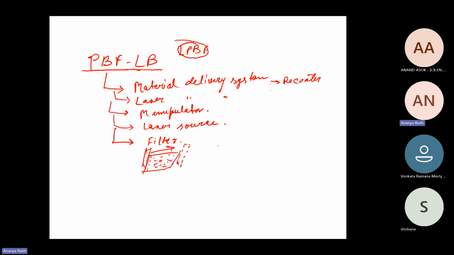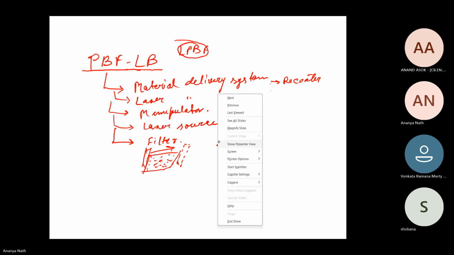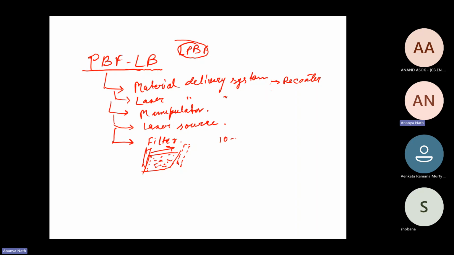And the powder thickness is generally from 10 to 100 micrometer or 20 to 100 micrometer. Generally, we use 20 to 60. But if you want to scale up the process in terms of time, if you want to print faster, then you can go for 60 to 100 micrometer layer thickness.